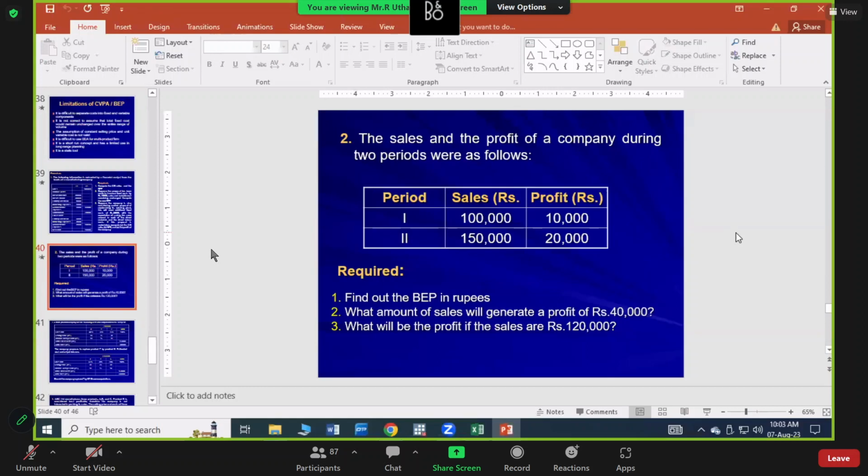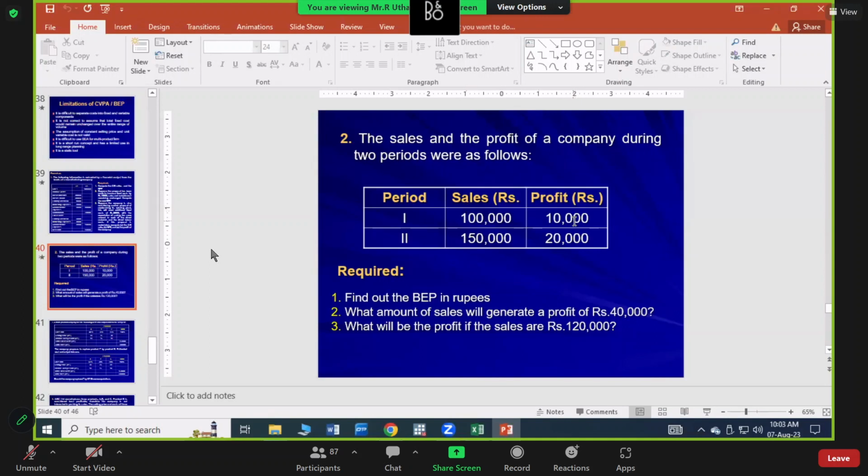So can you answer this question? It seems a new type of question, so you want to follow some steps in finding this answer. You are given the two periods, sales and profit. You must apply the accounting knowledge. How can you get the profit?